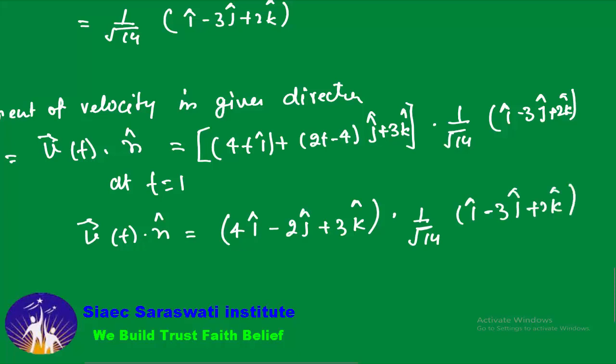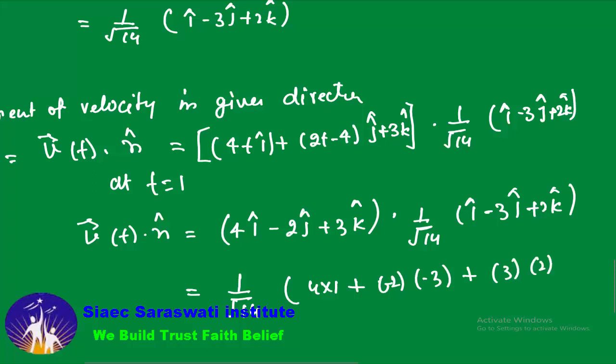Because we have to find the component, it will always be a magnitude value. So it will be 1 upon root 14, and that will be 4 into 1, plus minus 2 into minus 3, plus 3 into 2. So this is the value.